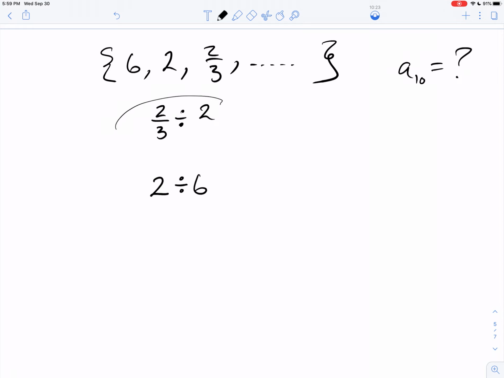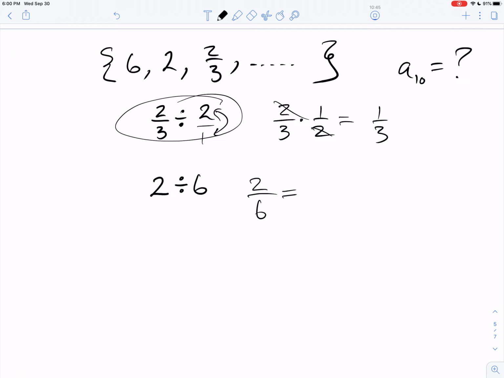Then remember, this is something I could punch in on my calculator, or I could say 2/3 times the reciprocal, because I would just flip that, and there it is. Or you could say 2 divided by 6, well, that's just 2/6, which reduces to 1/3. Oh, it is a common, what is it called? A common ratio. So what's the r value in this thing?